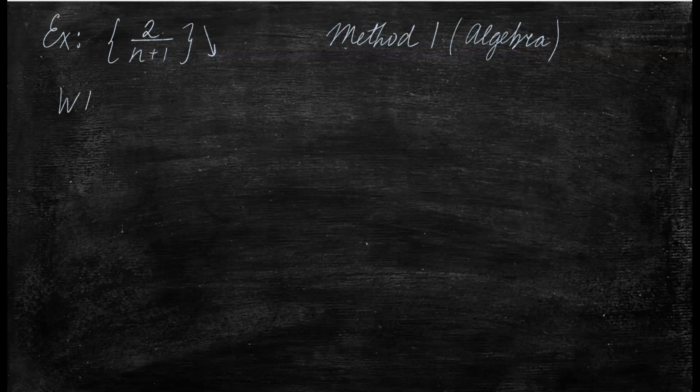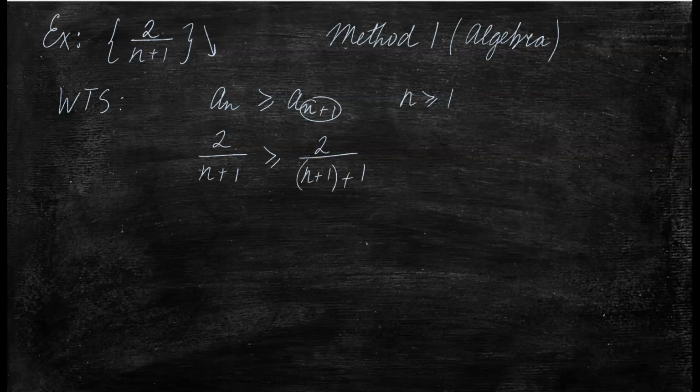In this algebra approach, we have to establish that the successor is less than its predecessor for all natural numbers n. And we're going to do that by solving this inequality, but in the formula where we have n plus 1, we're going to replace n with n plus 1. So basically we have to show that this inequality holds for all natural values n.